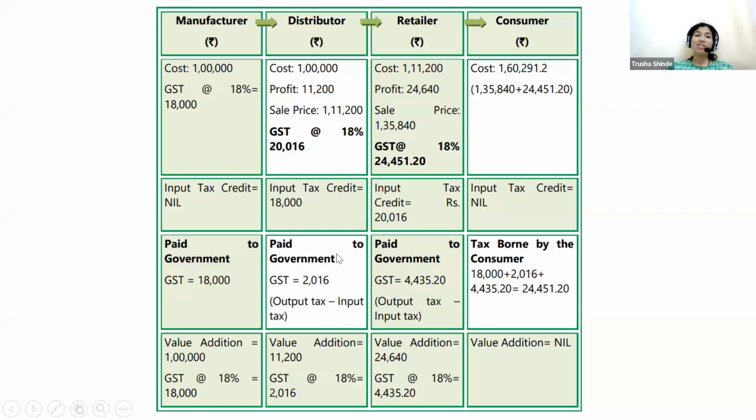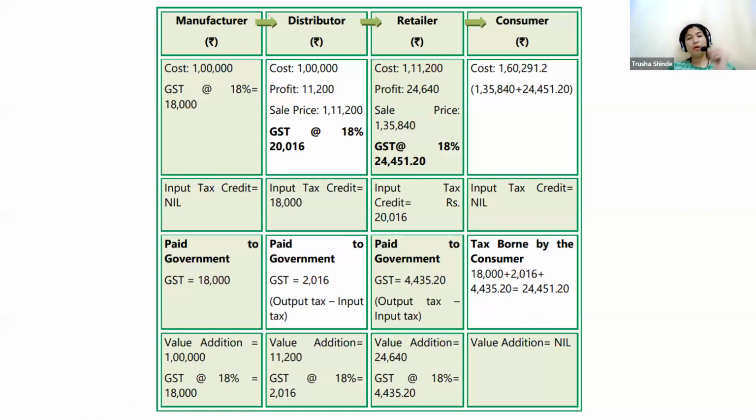Further, what exactly is the amount one has to pay to the government? For the manufacturer, what he has borne is the 18,000 amount, so 18,000 he will be paying. For the distributor, it is output minus input.